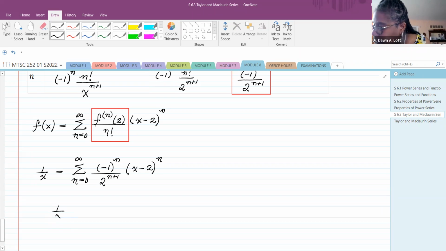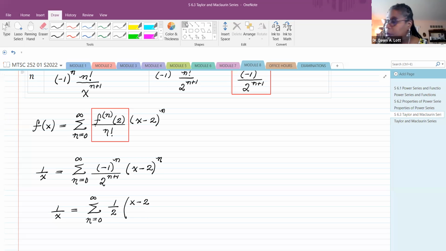1 over x is the sum n equals 0 to infinity. I can take out 1/2 and write this as -1 times x minus 2 over 2 to the n.